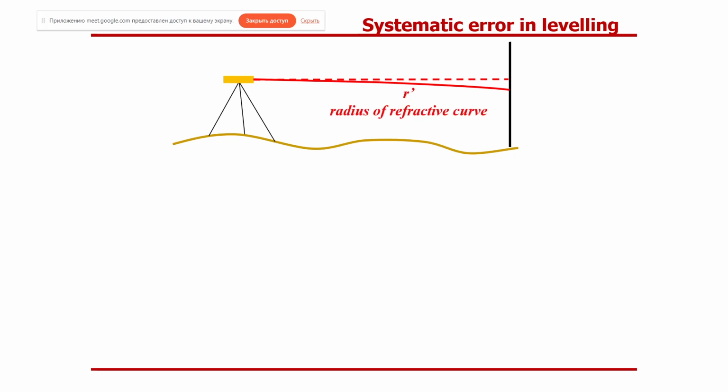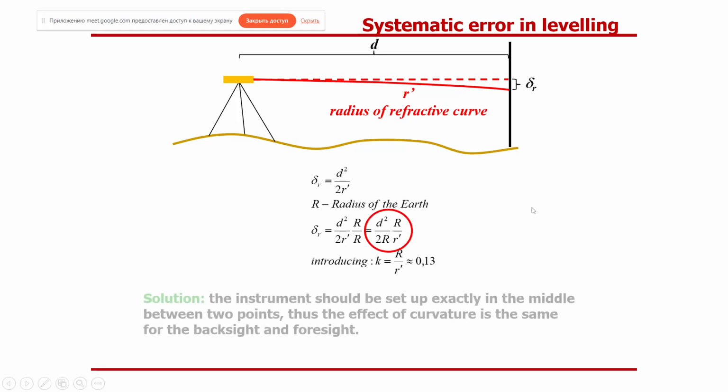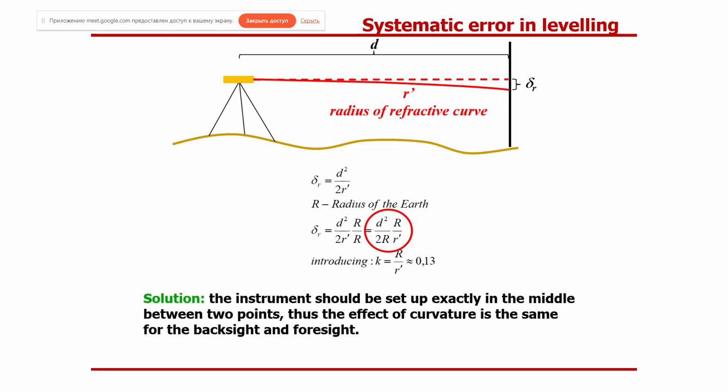Here you can see a radius of a refractive curve. The instrument should be set up exactly in the middle between 2 points, thus the effect of curvature is the same for backsight and foresight.